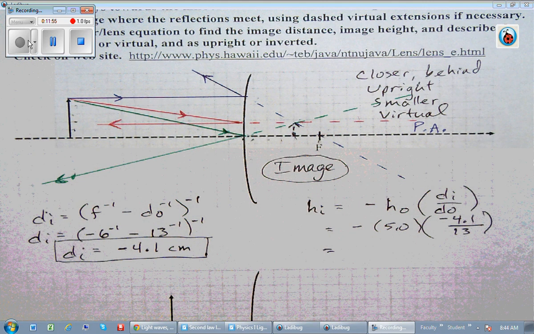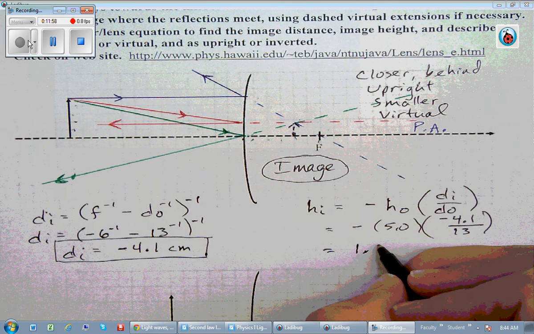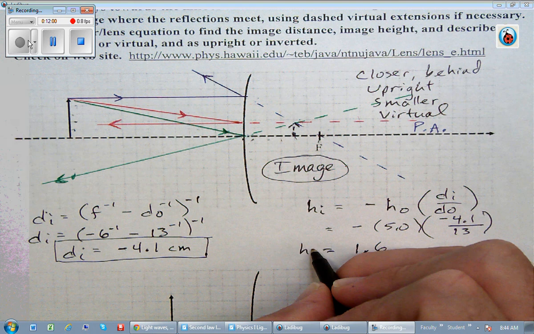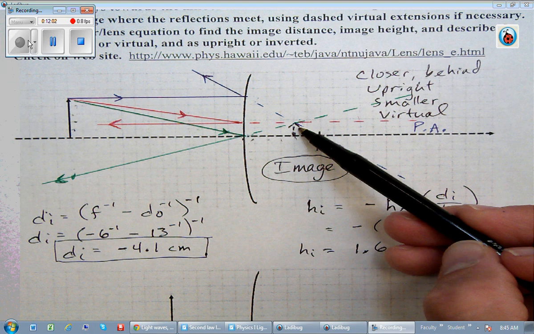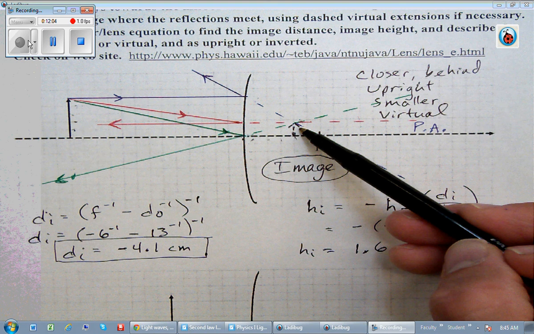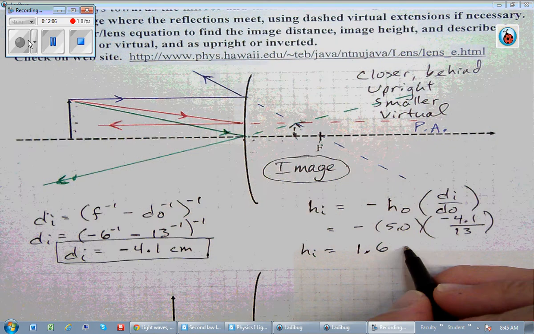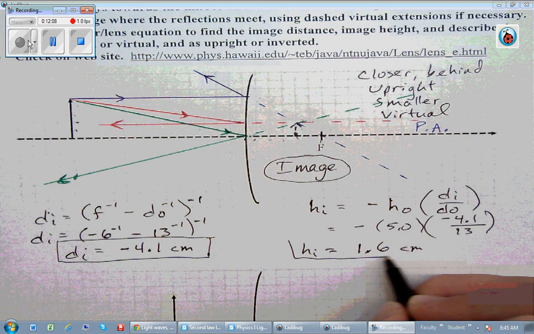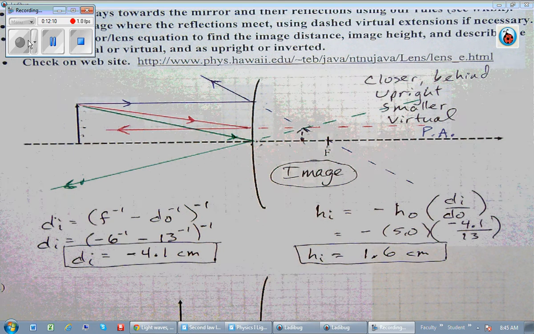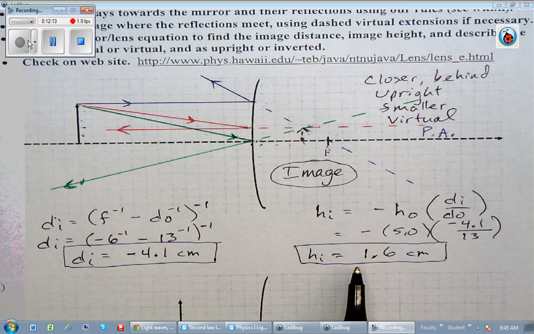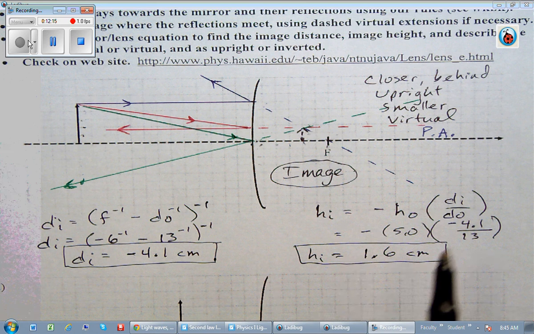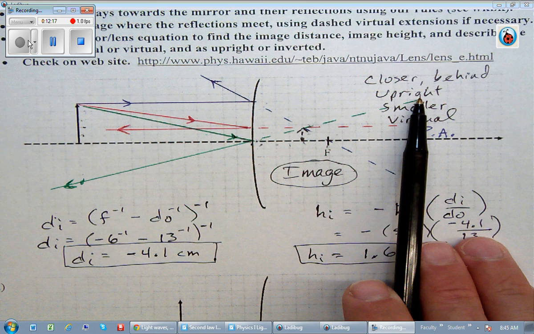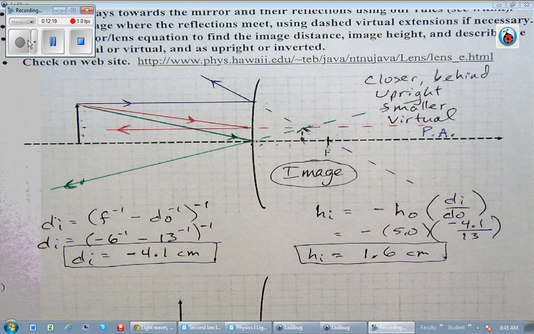And with a little bit of rounding, we're going to get about 1.6. Stop here and look. That's real close to what I get, certainly between 1 and 2 squares tall. Put units on it. Put a box around it because I'm done. And so here again we have a positive number for the height, and that tells us that the image should have come out upright, which it did, and we were pretty consistent with how tall our diagram ended up.